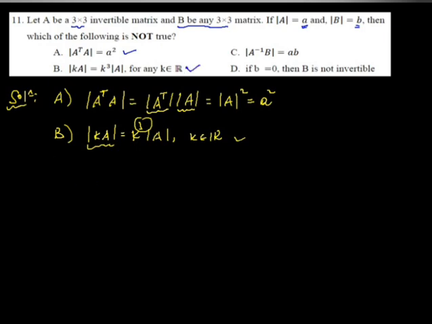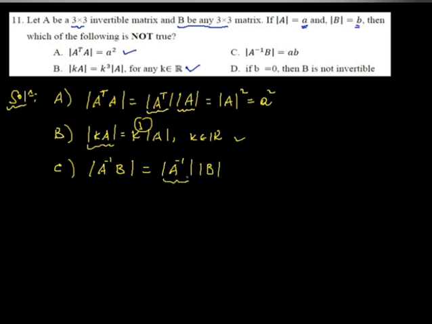Let's check case C. In C, we have the determinant of A transpose times B. This is the same as the determinant of A inverse times the determinant of B, using the property of determinants.